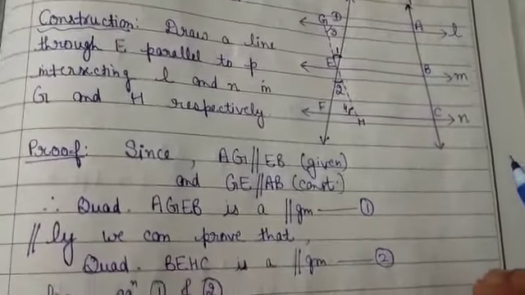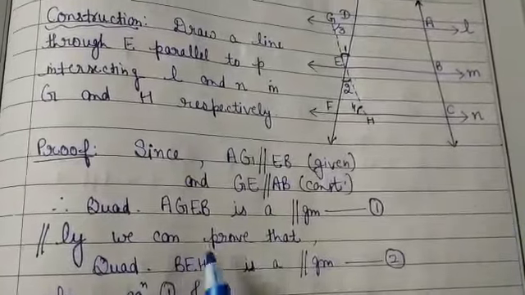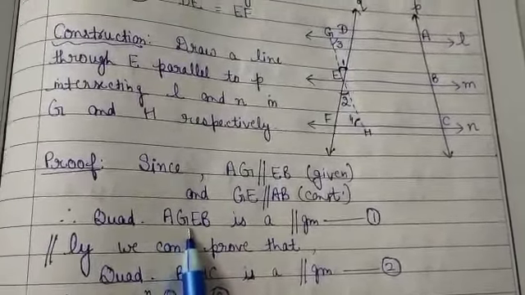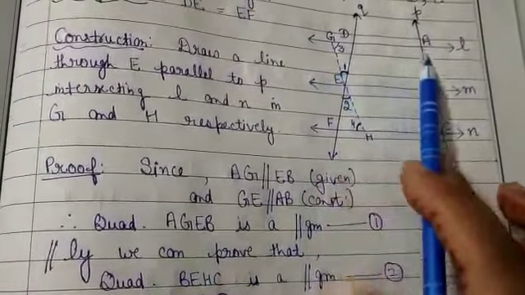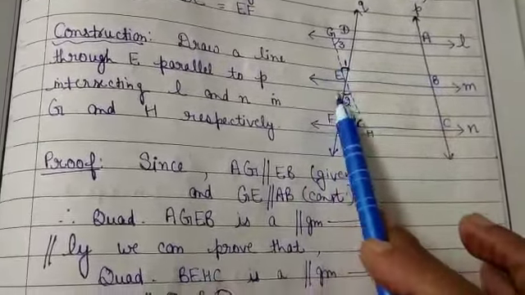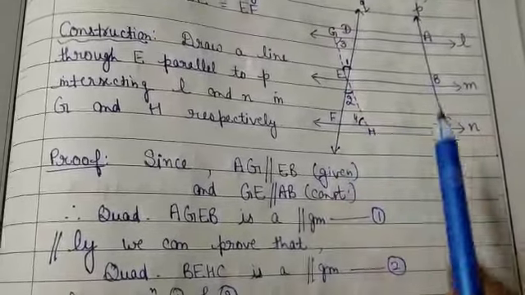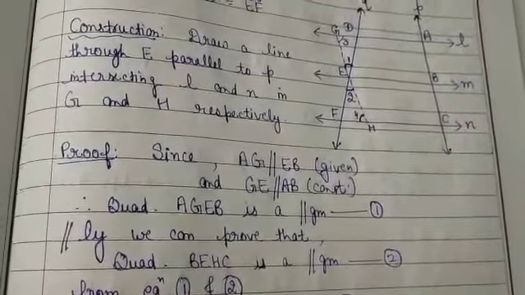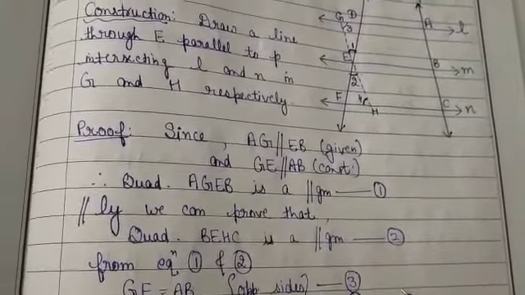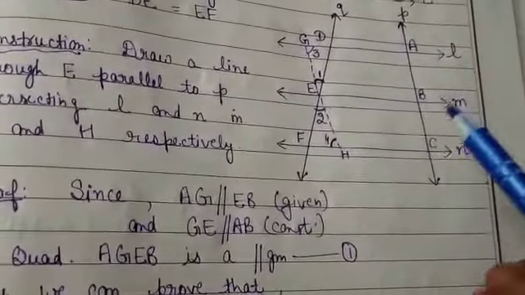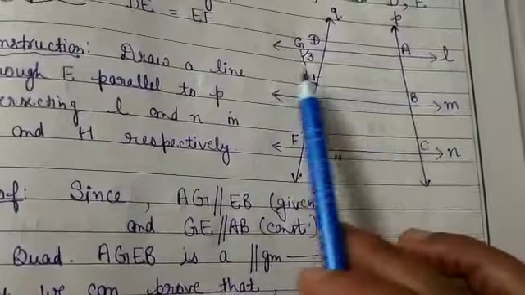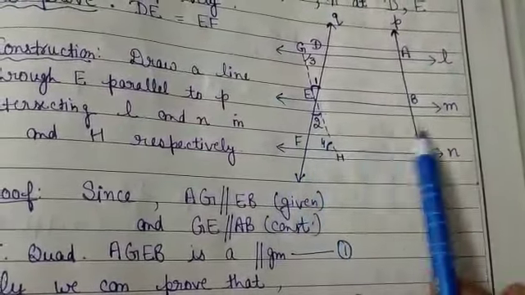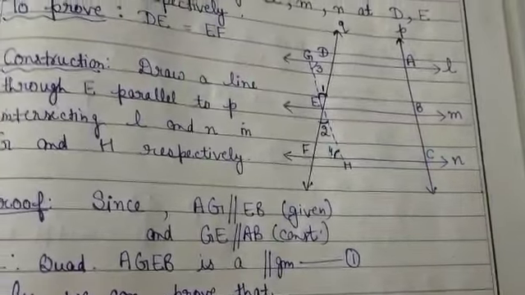So from here we have these two quadrilaterals, AGEB and BEHC, which are parallelograms. If it's a parallelogram, it means opposite sides are equal. It means GE equal to AB. Similarly, EH equal to BC. It's our result.